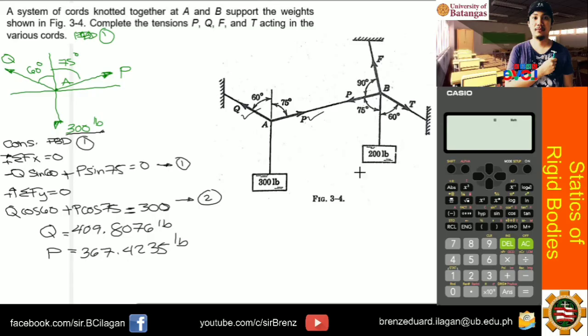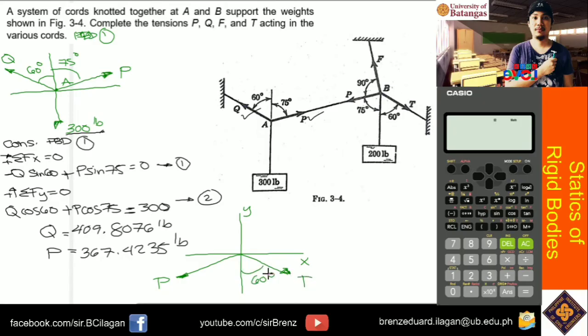So sa point B, ano yung magiging itsura ng free body diagram natin? Okay, so draw the X and Y axis. This is the Y, this is the X. And then, again, this is your point P. Okay, so this is P. We have here point T. So this is 60 degrees coming from the vertical.